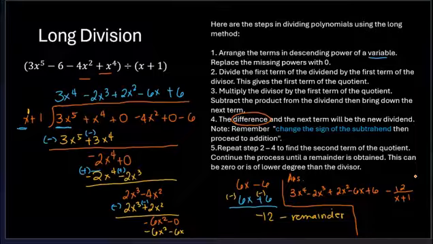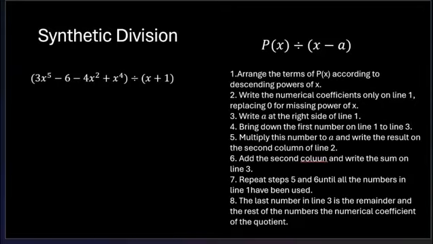Now, you can also apply the synthetic division. This is not required, but this is helpful if your binomial is as simple as x minus a. Okay, so I'll show you that we will get the same answer.